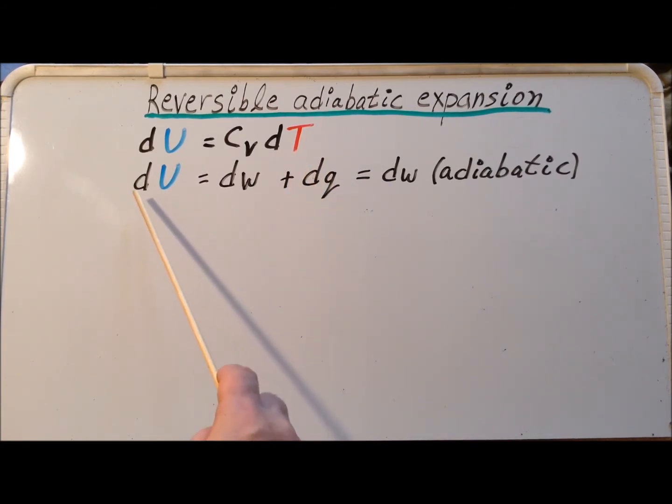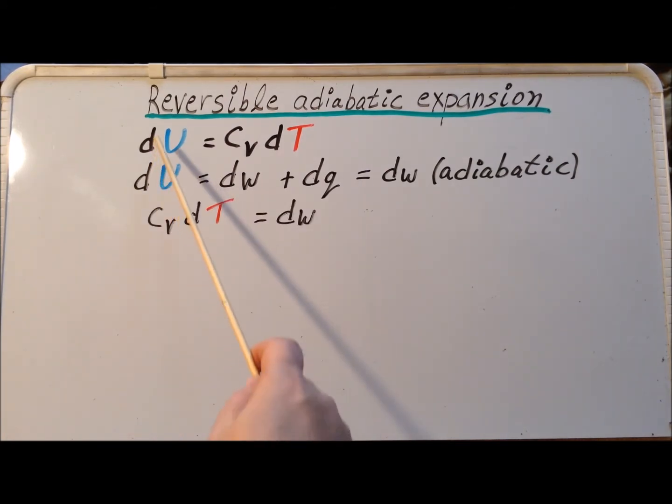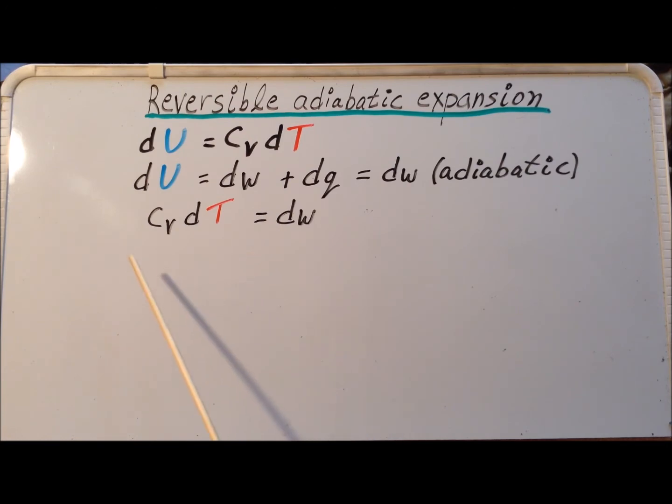So therefore, in this case, dU is equal to dw. Here is where we've applied the fact that our expansion is adiabatic. In the first two lines, I have expressions for dU. If I set these equal to each other, I get that Cv dT is equal to dw in our adiabatic case.